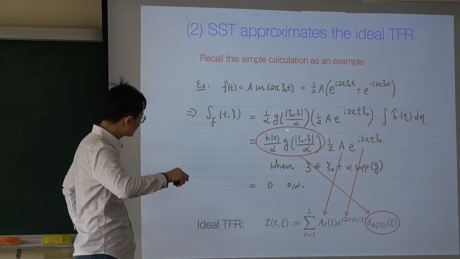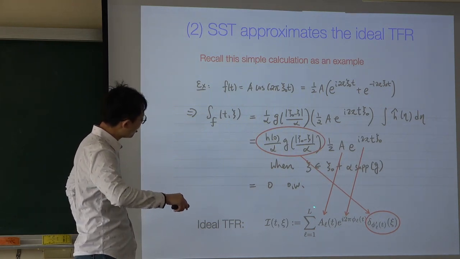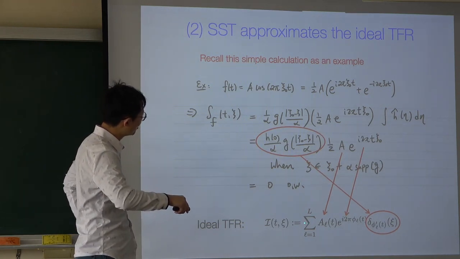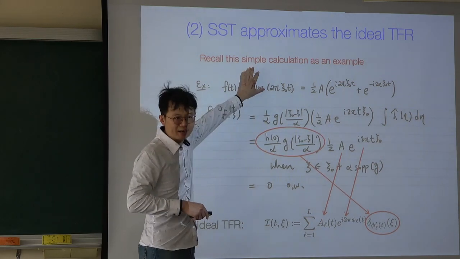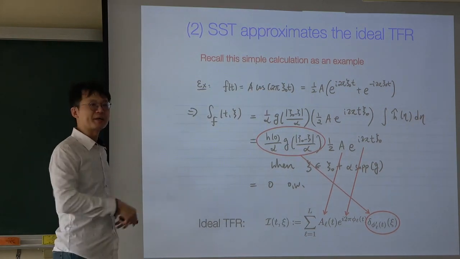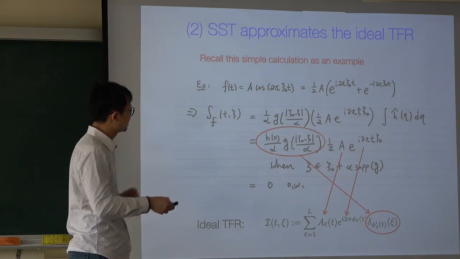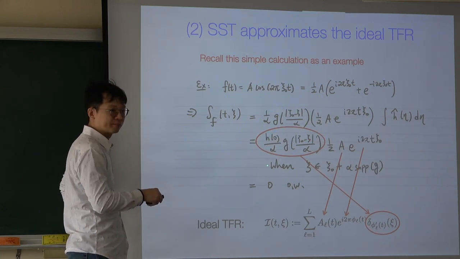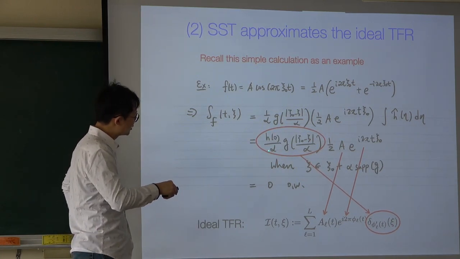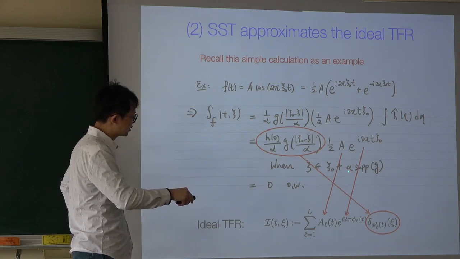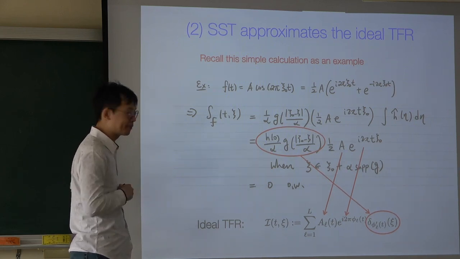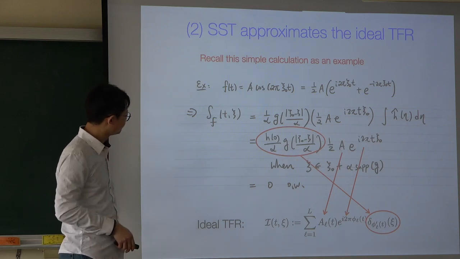So this gives you that when you have only one component, and it is harmonic, then we can somehow recover the ideal time frequency representation in this sense, when alpha is very, very small. Here is alpha times the whole of g and so on, and then 0 otherwise.